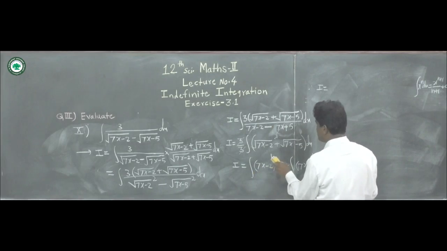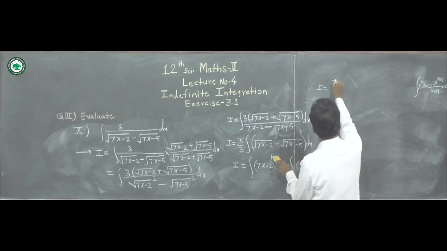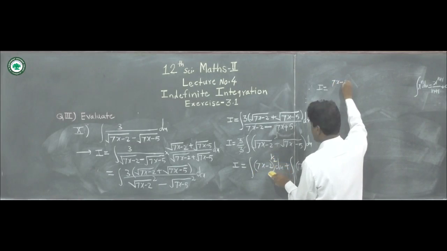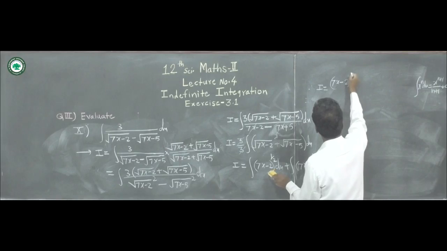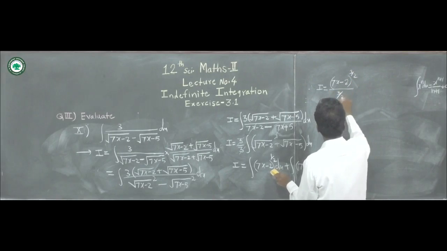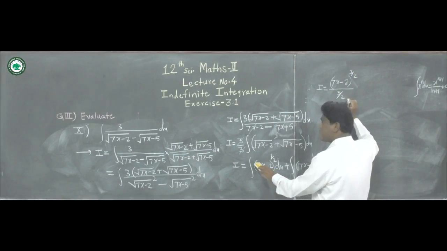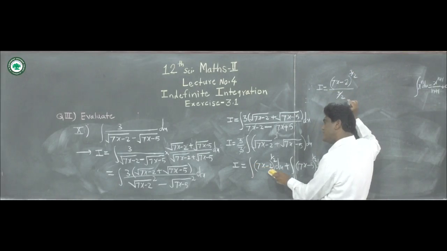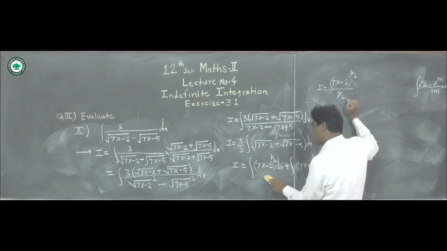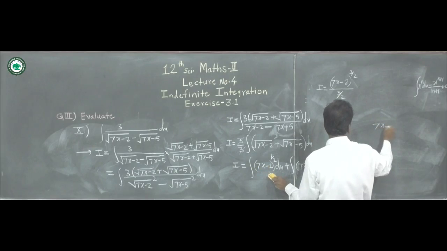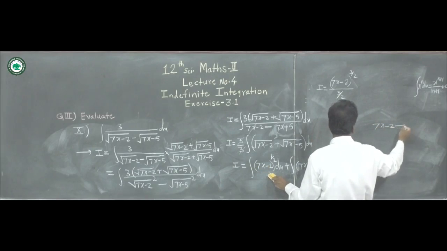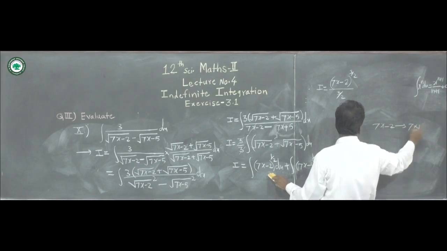So we get x to the power 1/2 plus 1, that is (7x minus 2) to the power 1/2 plus 1, that is 3 by 2, divided by the same number 3 by 2, but instead of x there is 7x minus 2. So take the derivative of 7x minus 2. It is 7. The derivative of x is 1, and the derivative of minus 2 is 0.